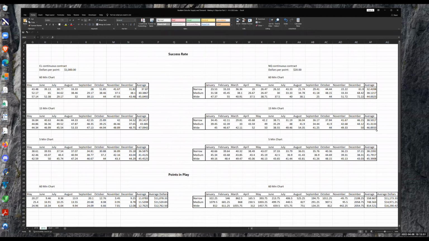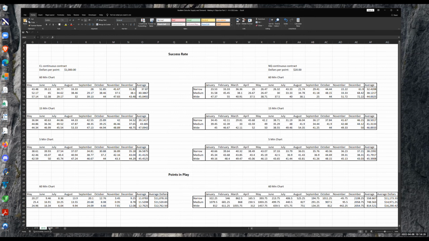And between the 5 and the 15, again, there's not a whole lot of difference either. And when we compare what we're seeing on the NASDAQ against oil, if we look at the 5, there's not a lot of difference between them. And on the 15, not a lot of difference. And on the 60, again, not a lot of difference between them.